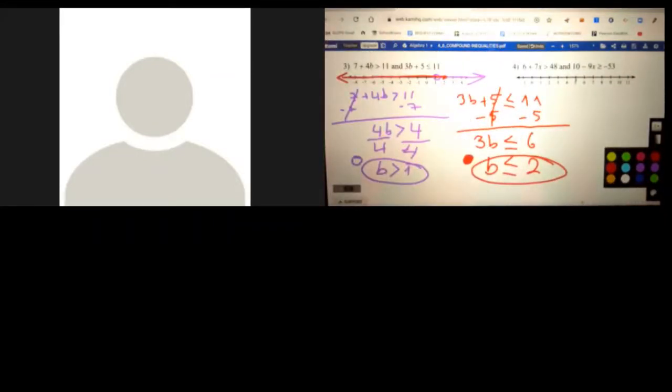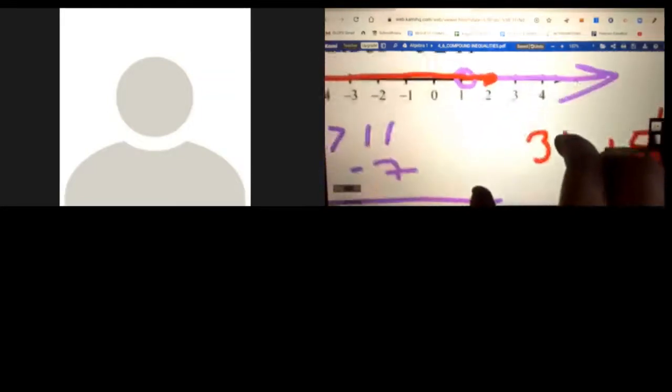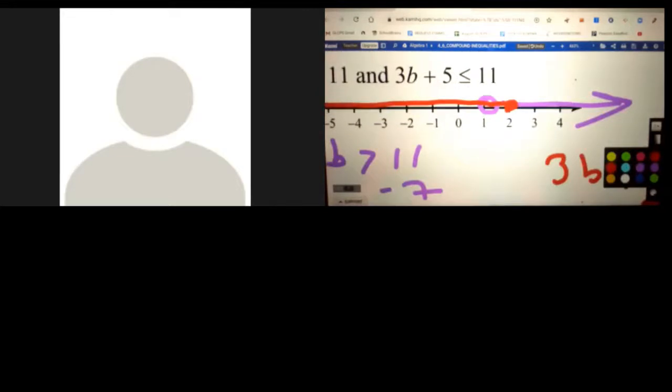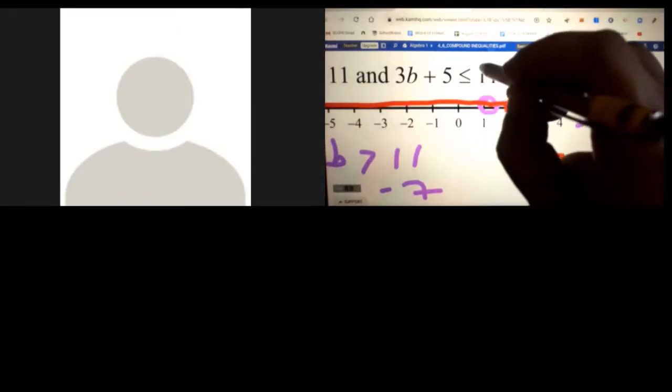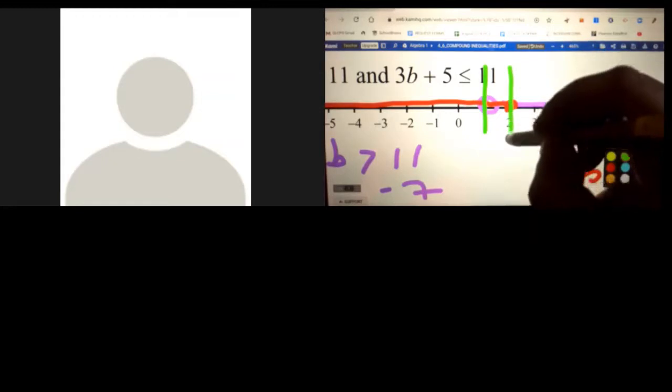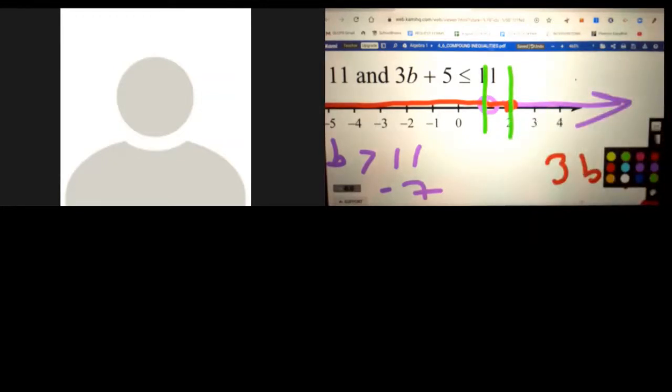Look at the solution set. Look at these circles. Perfect. I have to satisfy both of these equations, and the only number sets that are crossing, overlapping each other are between 1 and 2, right?